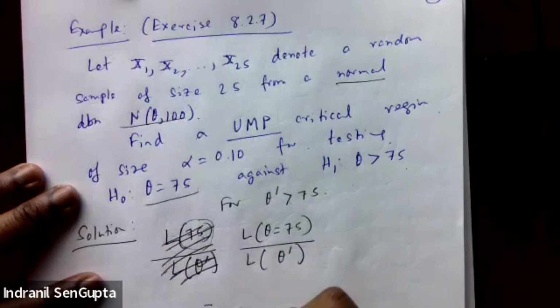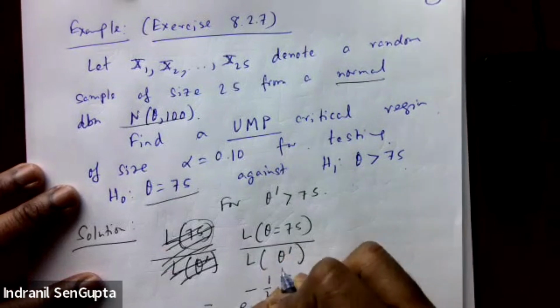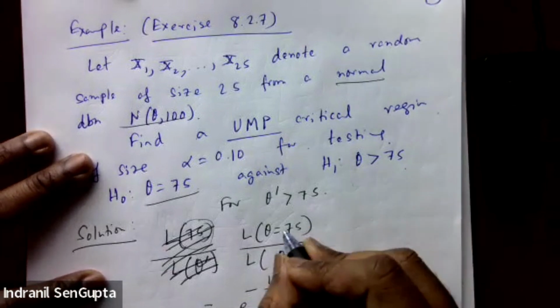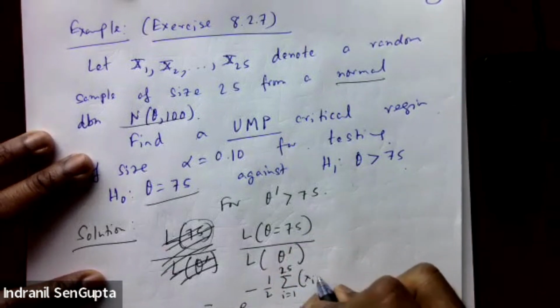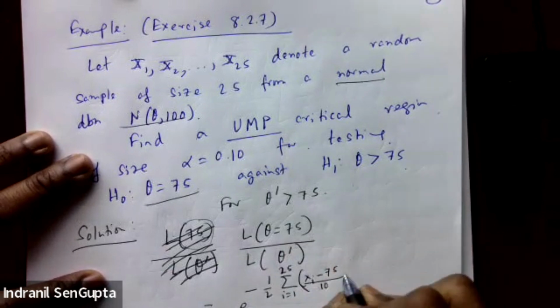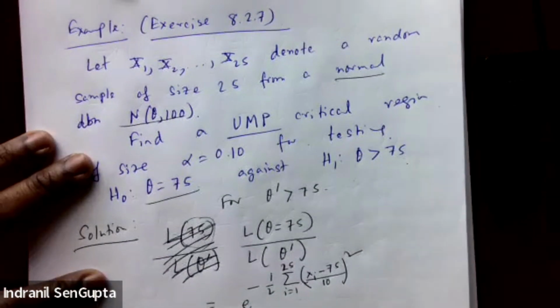So all it takes is basically e to the minus 1/2 summation i from 1 to n, i from 1 to 25, of xi minus 75 over 10 squared, right?